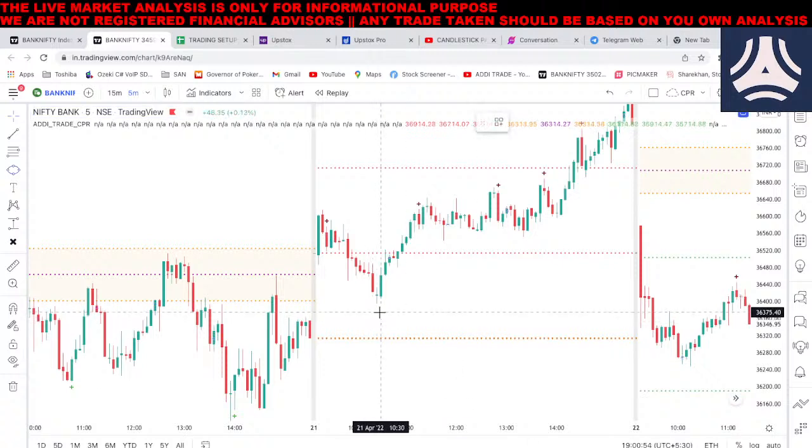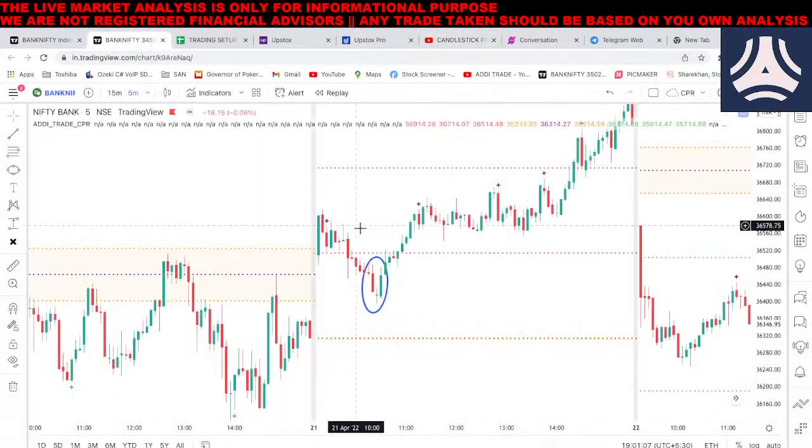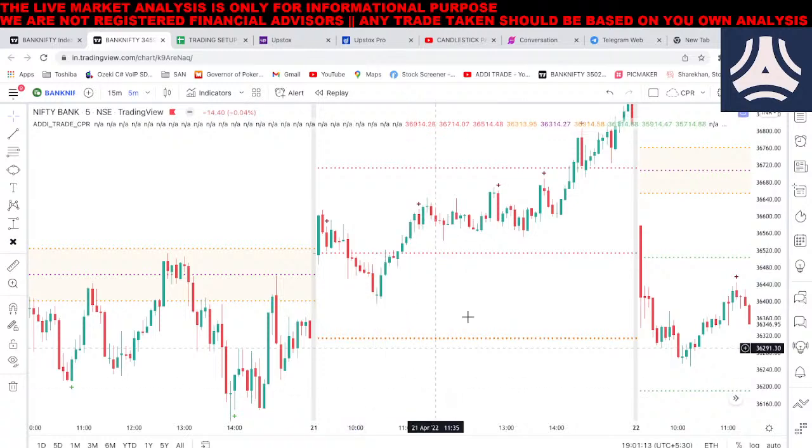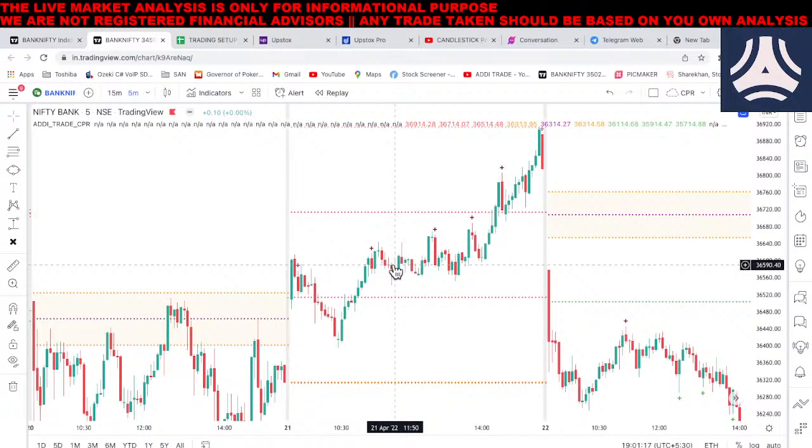Because we got a nice morning star, a bullish candle with nice follow-up towards the R1, and this bullish candle is nothing but this morning star, right? And on the second candle, when price almost came to this R1 itself, I exited, and then took a trade on the upside.